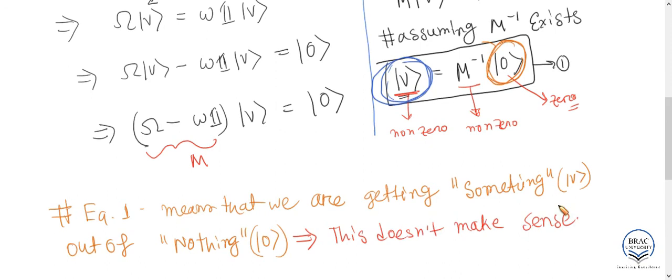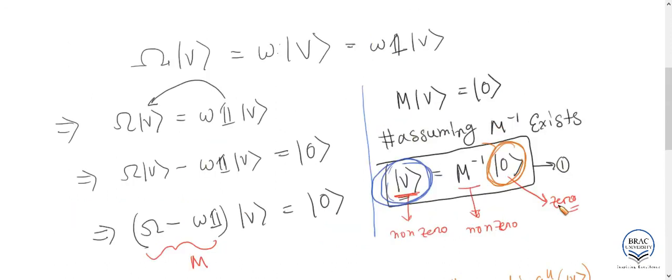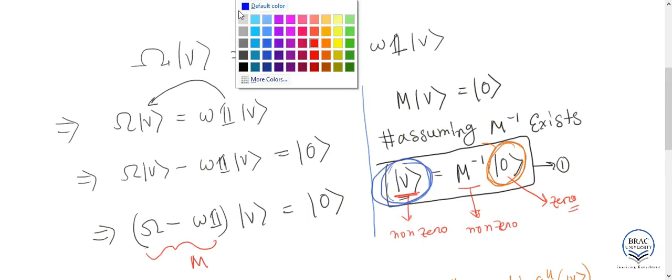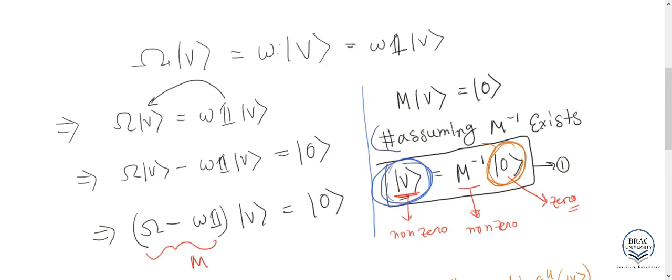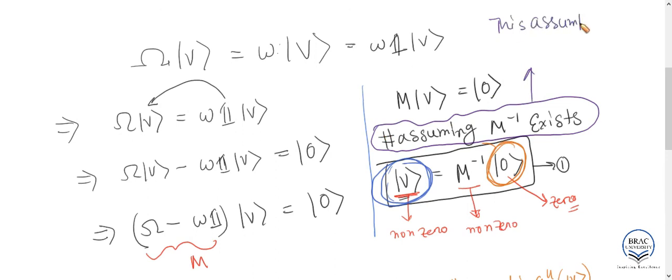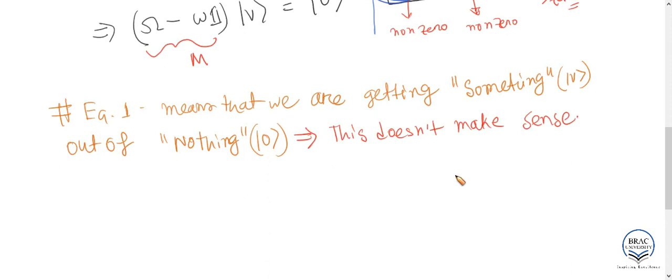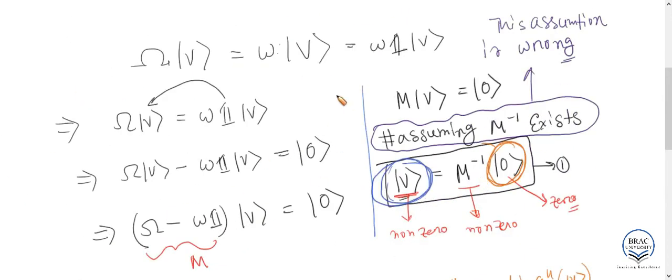So we must have done something wrong, and the thing that we have done wrong is assuming M inverse exists. This assumption is wrong, because we assumed it and we are getting something that is self-contradictory. So our algebra was correct, our calculation was right, but whatever we started with was wrong.